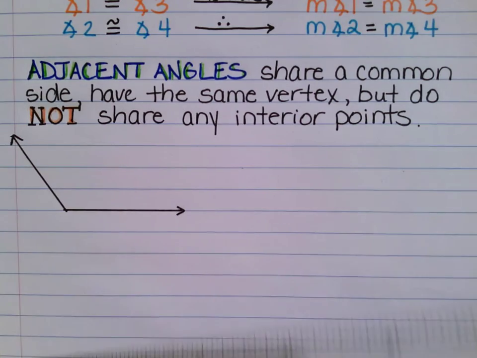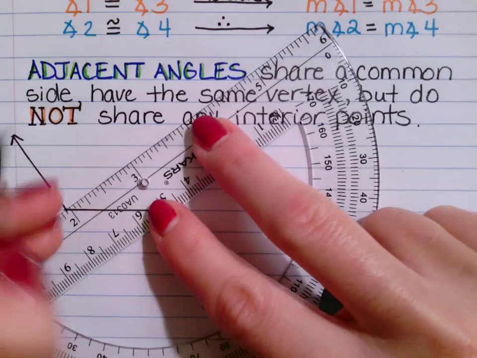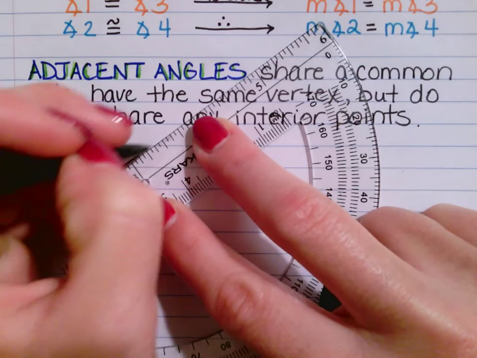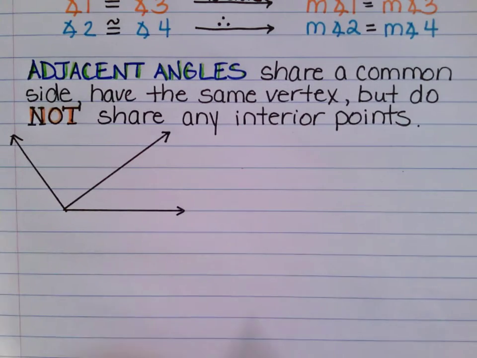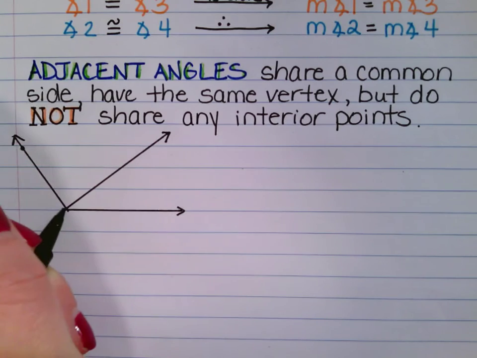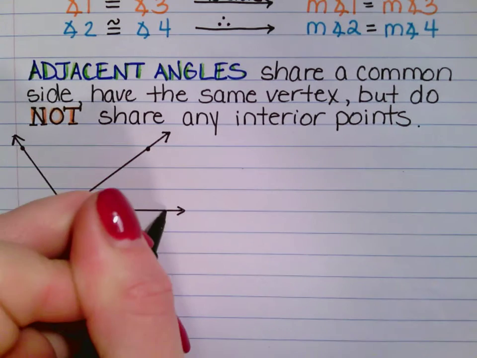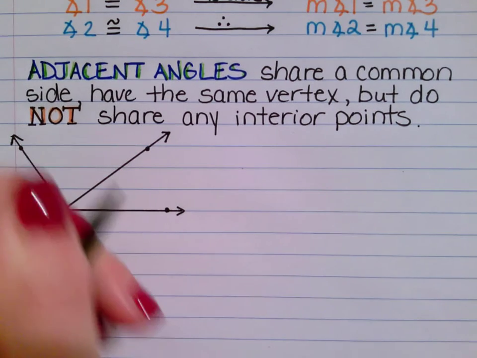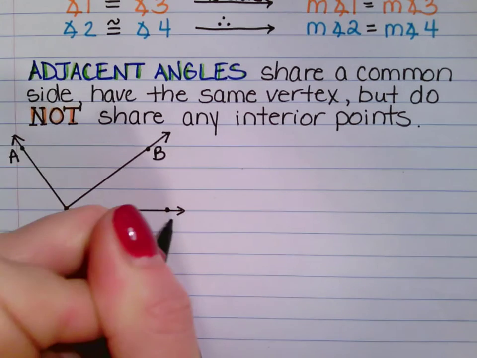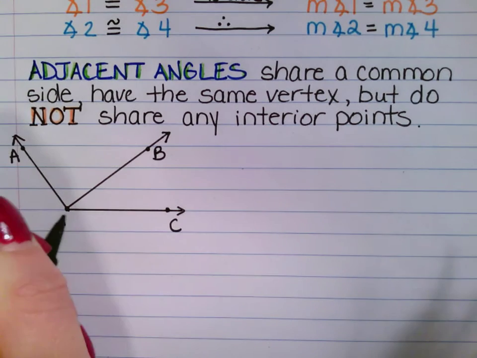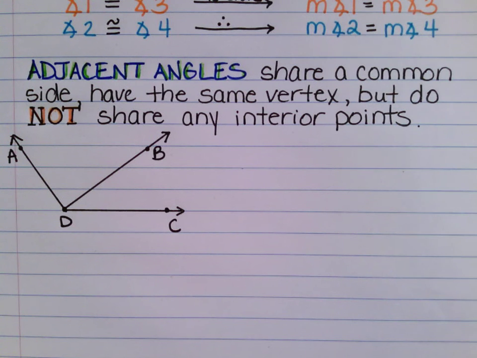And then let's draw another ray inside this angle. Let's put some points on our angles so that we can name them. Let's go with A, B, and C here, and we'll call this D. So let's first look at these two angles.